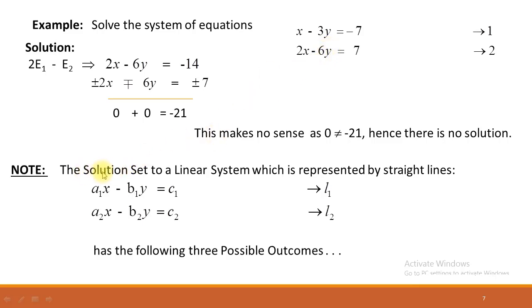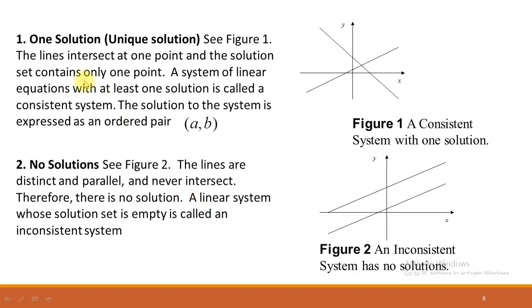Note that the solution set to a linear system is represented by two straight lines. Suppose we have a system of two non-homogeneous equations, then the solution possibilities and the graphical representations of these two equations are: number 1, maybe the system has one solution.